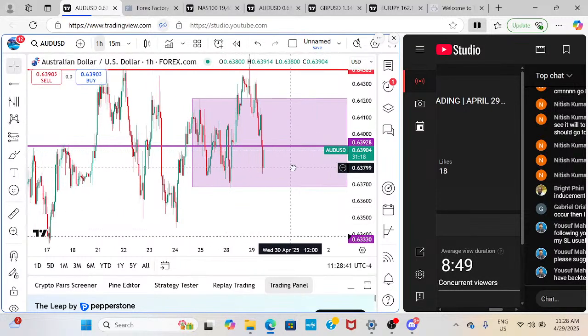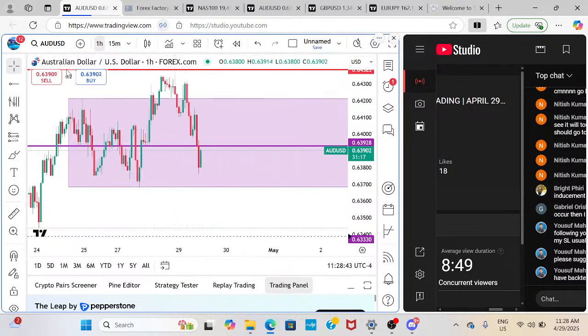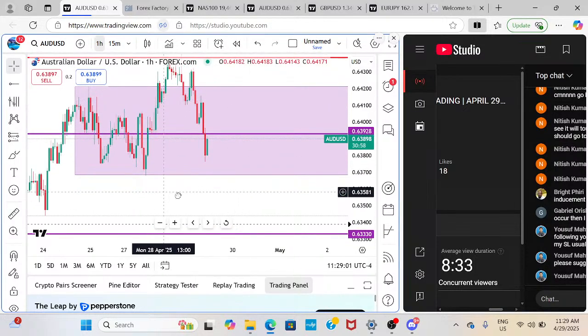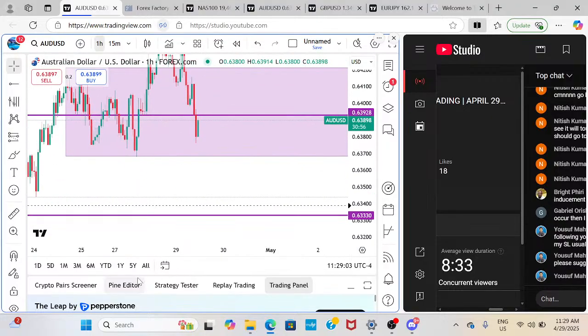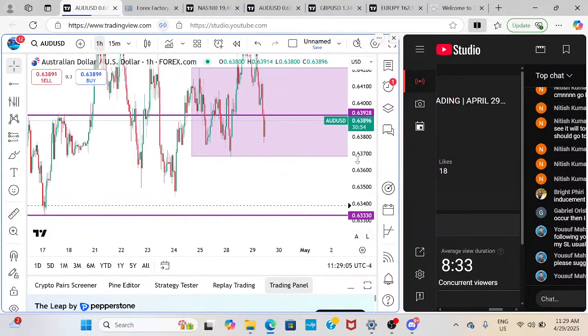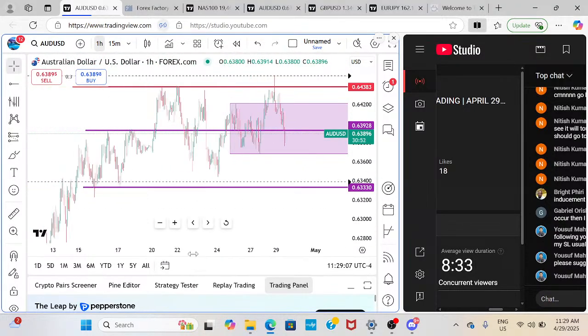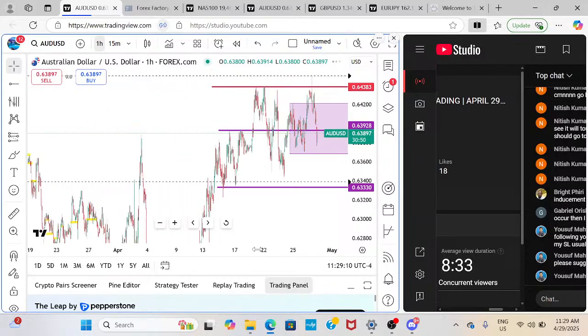Now for you to sell this pair AUD USD, a good area to look for a sell is around 64.12. Okay, so 64.12, 64.20 would be a good area to look for a sell. Okay, so that's what I see AUD USD doing, is basically going to sell.